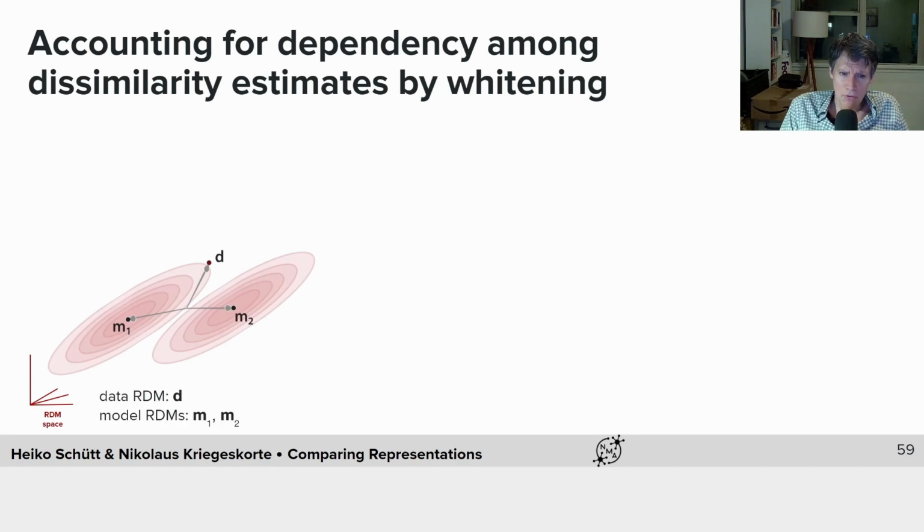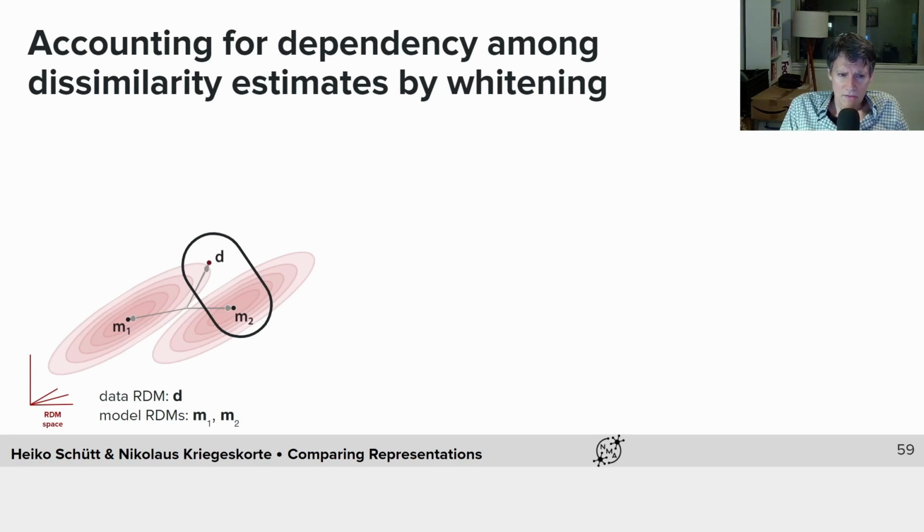So here's an example where we have a data RDM D and two model RDMs M1 and M2. If we naively selected the model that's closer to the data in terms of Euclidean distance, we would select model M2 here, because it's closer in a Euclidean distance sense to the data RDM.